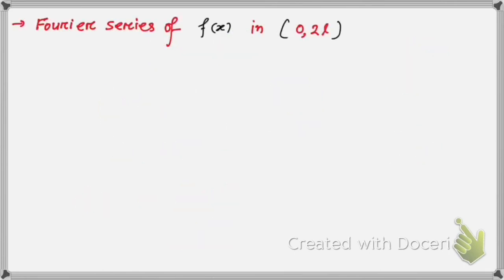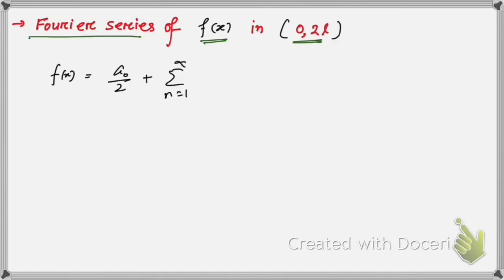Now you see, suppose we have a function f of x which is defined in this interval 0 to twice L. The Fourier series of this function will be given by f of x equal to a naught by 2 plus summation n equal to 1 to infinity a n cos nx, sorry, not cos x, plus b n sin nx.